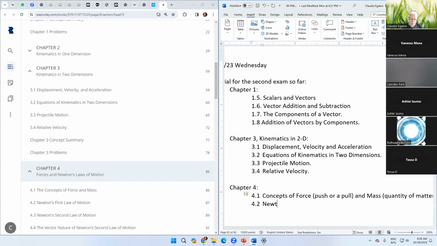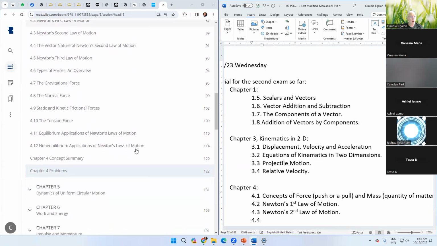Newton's first law. Newton's second law of motion. Vector nature of Newton's second law.